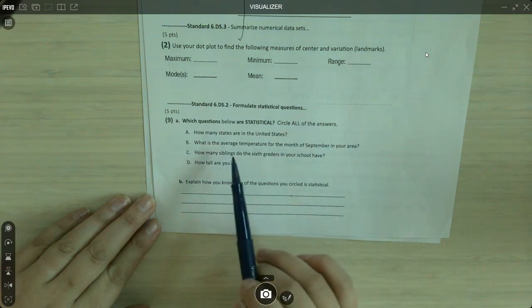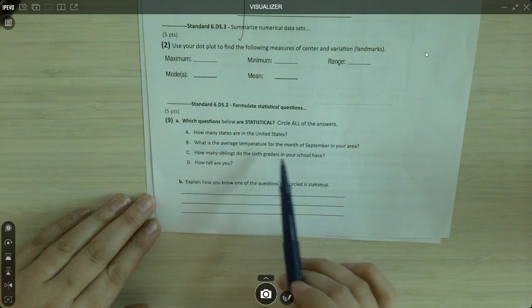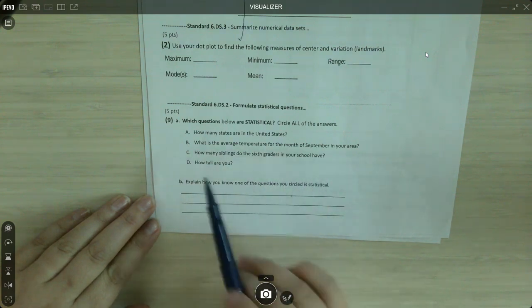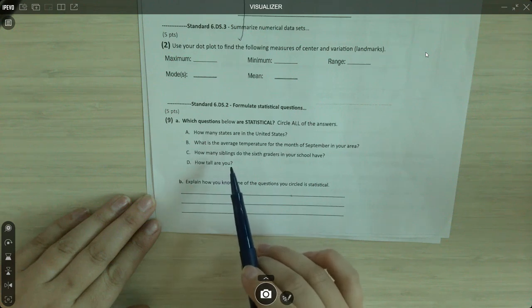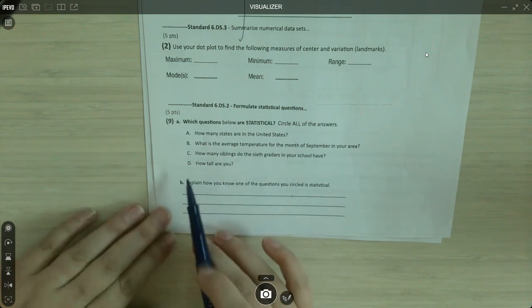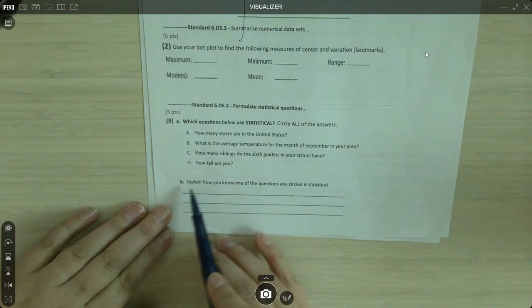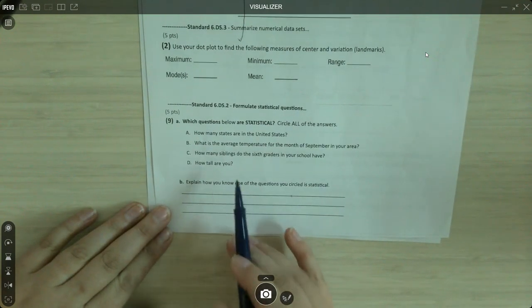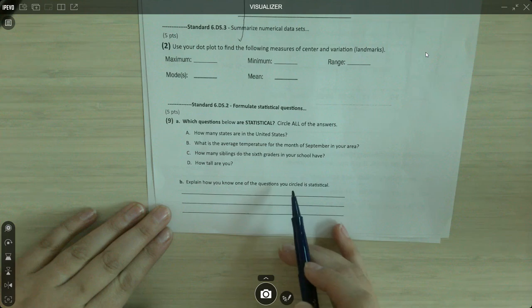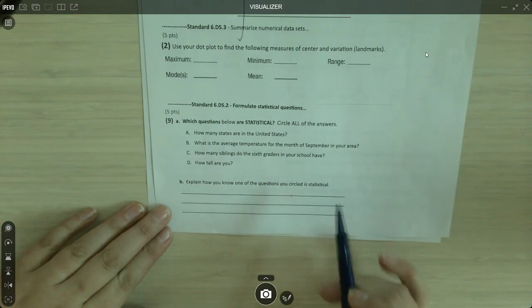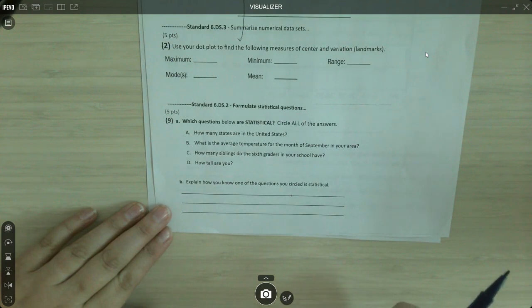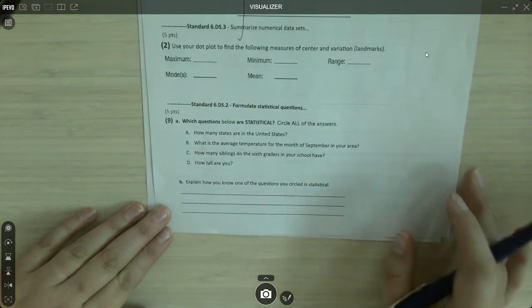C, how many siblings do the 6th graders in your school have? Or D, how tall are you? And then part B wants you to explain how you know one of the questions you circled is statistical. So go ahead, pause your video so you can answer those questions.